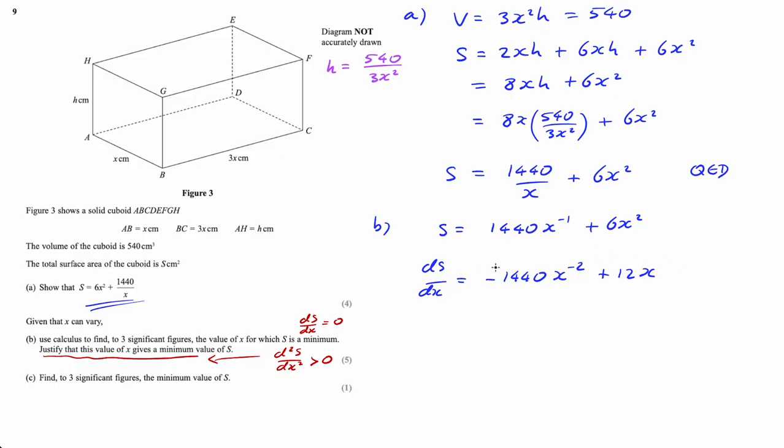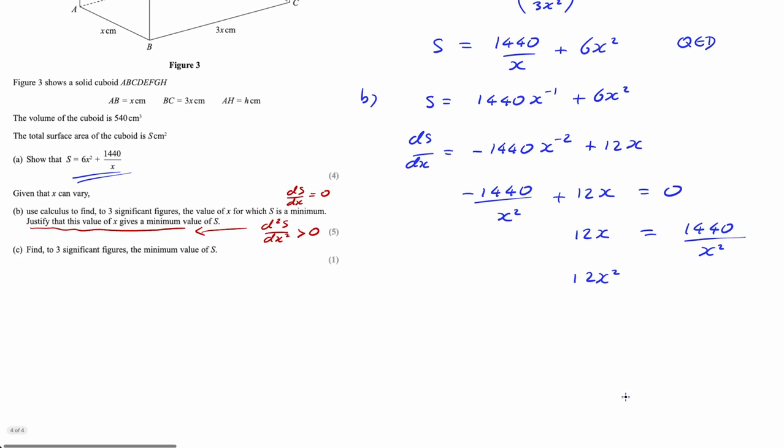Okay, now we want this to be equal to 0, so I'm going to do negative 1440 over x squared, that's the minus 2, plus 12x equals 0. I am going to, guys, if you're okay with this, add this negative thing to the other side over here. So I'm going to end up with 12x equals 1440 over x squared.